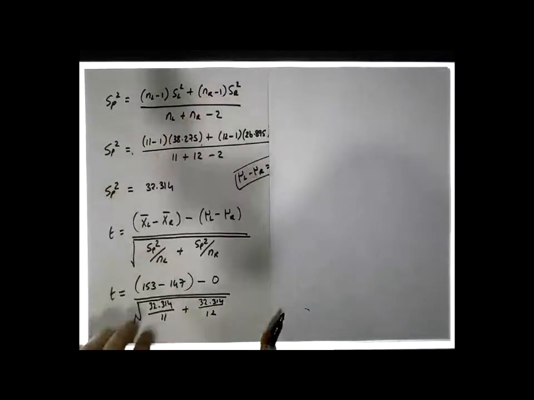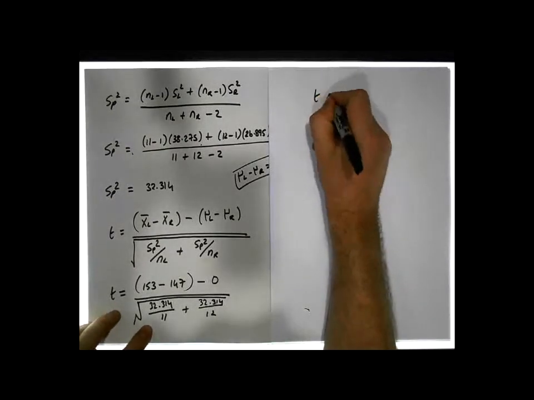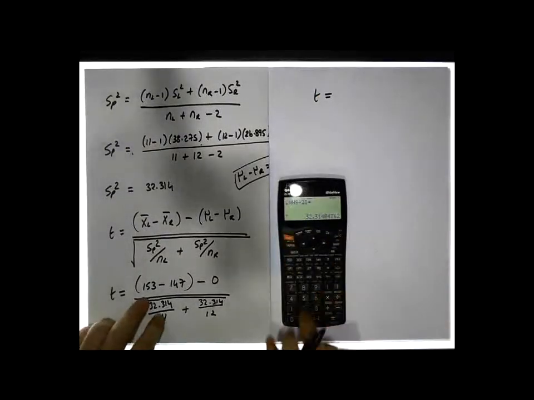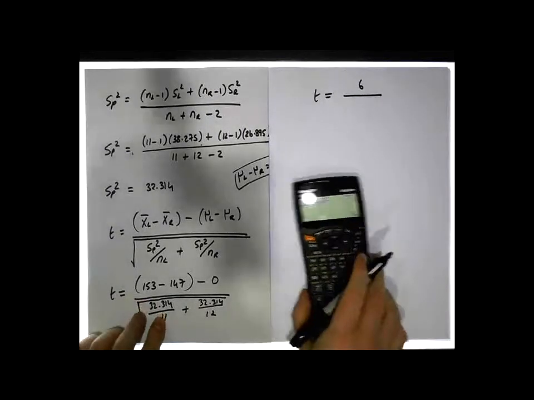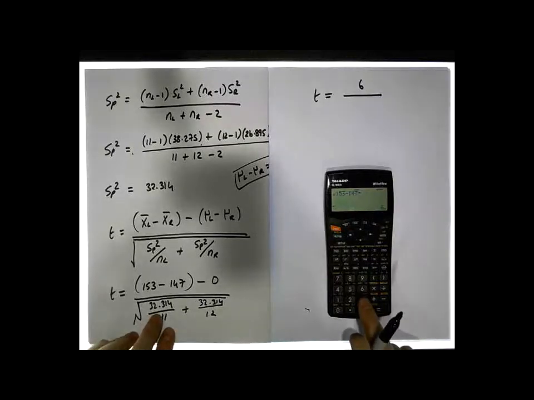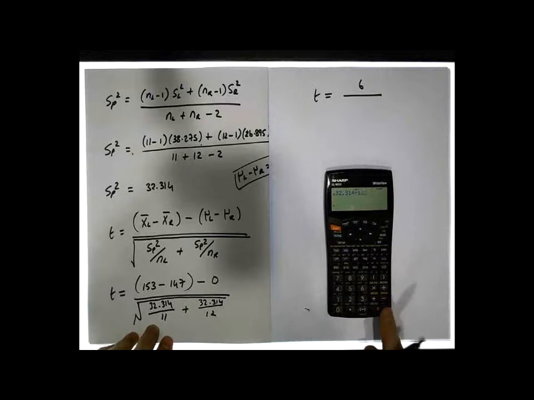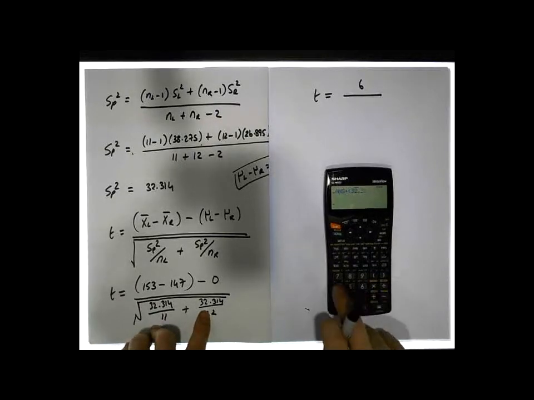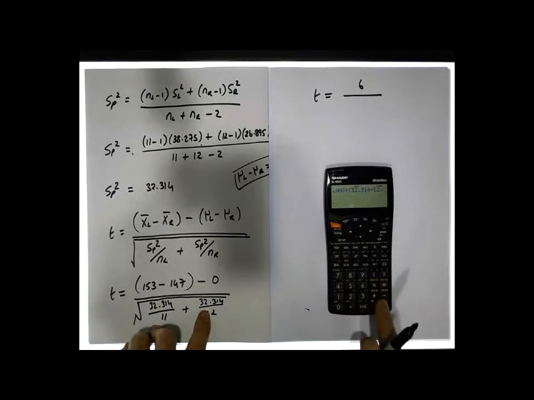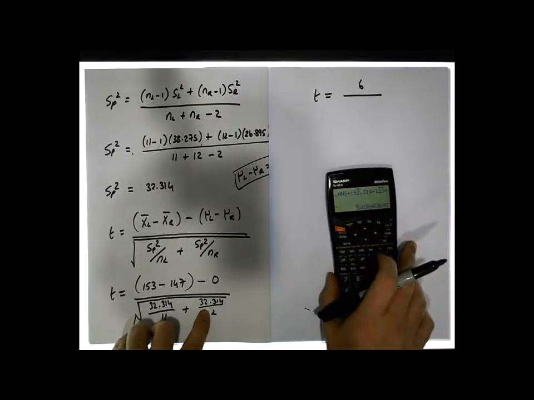So now we end up with our t value. It's 153 minus 147, which is 6, divided by, I'm just going to do these in stages here, 32.314 divided by 11, plus, in brackets, 32.314 divided by 12, which gives me a value of 5.630.